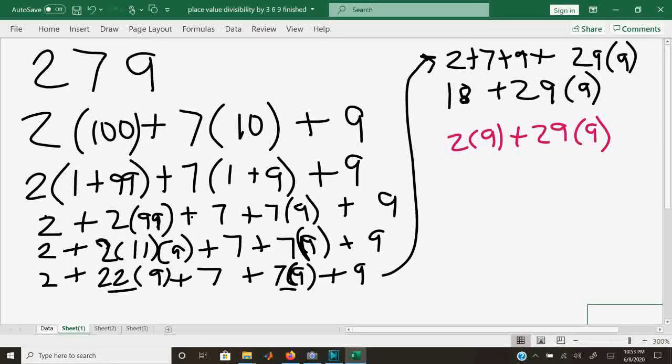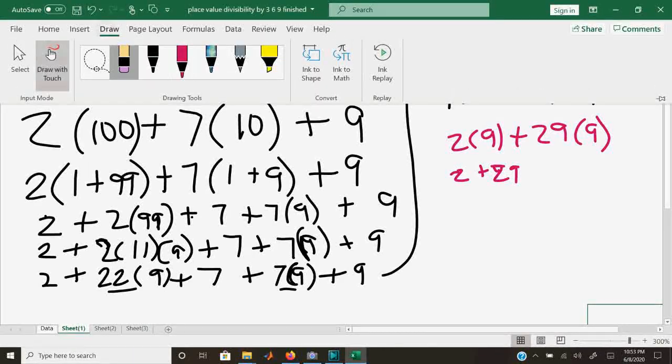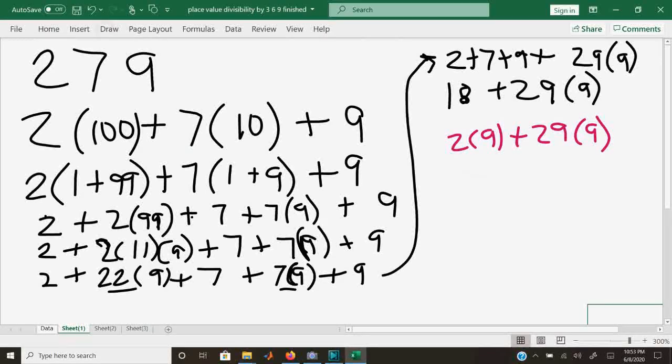And I can say that 29 plus 2, I can actually go backwards from the distributive property here, and I can say 2 plus 29 times 9.